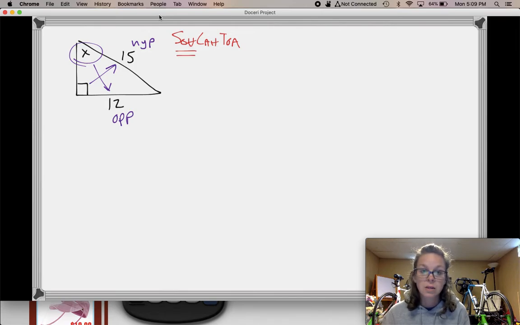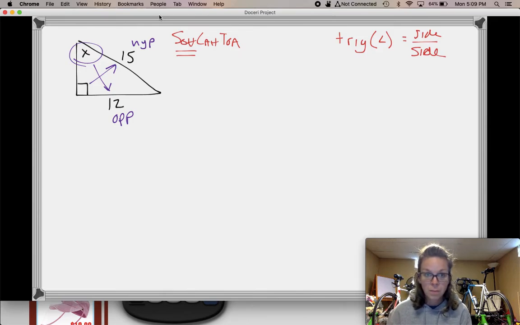That is going to be our sine function. So we're going to set up that same format. Trig of angle is side over side. And in this problem, our trig is sine.